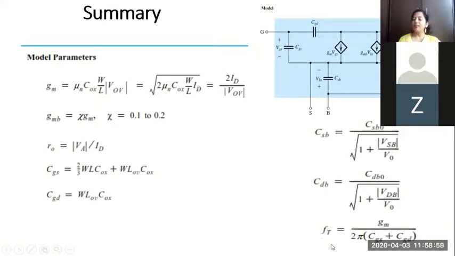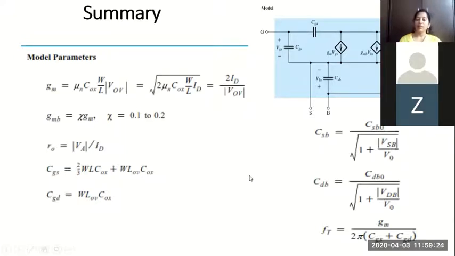And finally, the transition frequency ft is that frequency beyond which we can't operate the MOSFET. So please remember, it is the frequency at which the current gain becomes 1, and beyond this transition frequency, the MOSFET cannot be used as an amplifier, and it is defined as gm by 2 pi into Cgs plus Cgd.